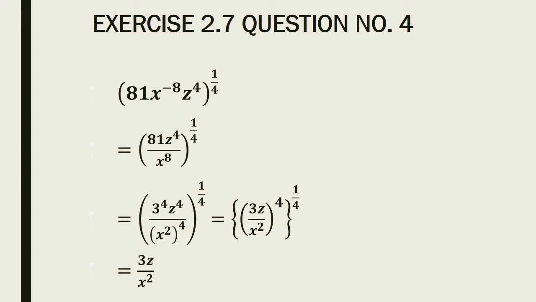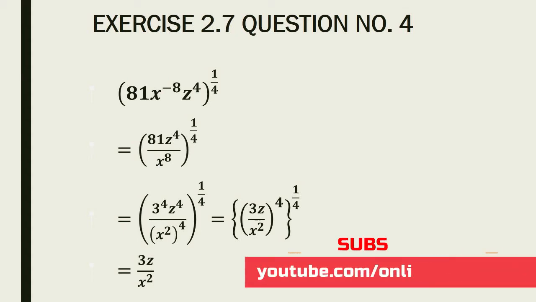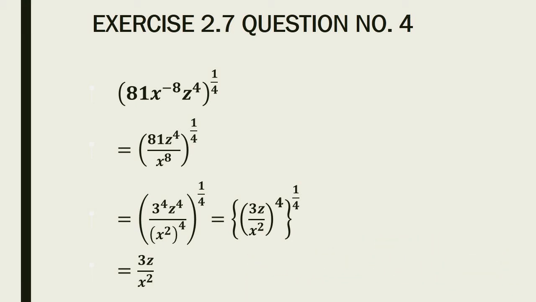So 3 to the power 4, z to the power 4 and x squared can be written with the common power, that is 4. So we write 3z over x squared whole raised to the power 4, and that is whole raised to the power 1 over 4. So the powers 4 and 1 over 4 get cancelled, and we are left with 3z over x squared, and that is our answer.